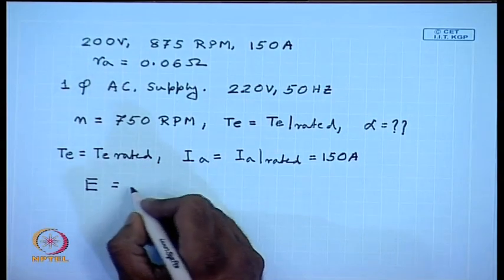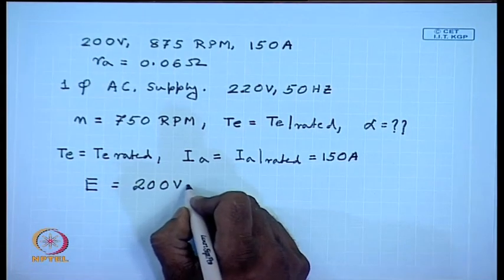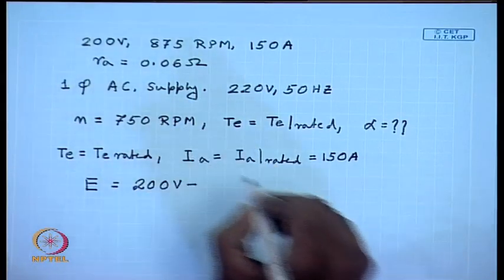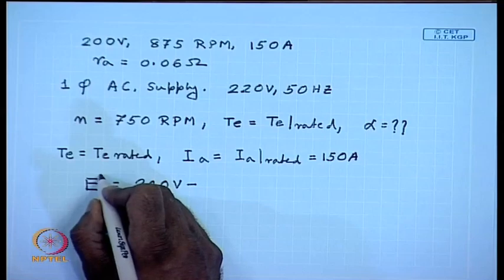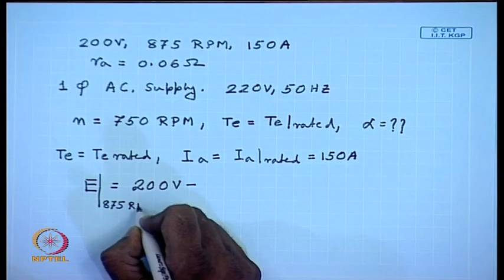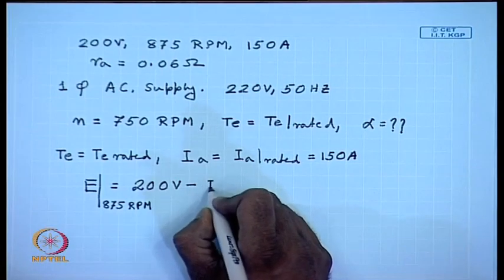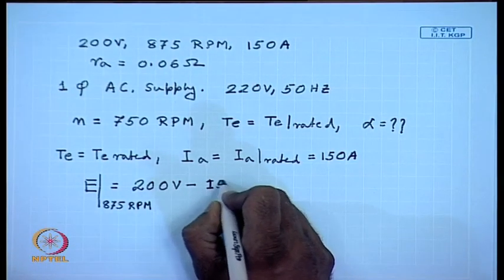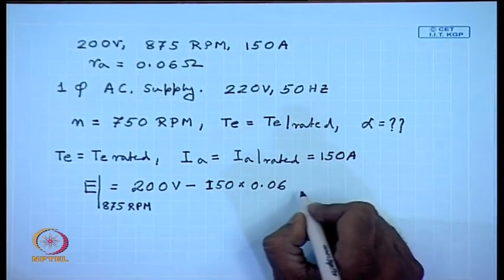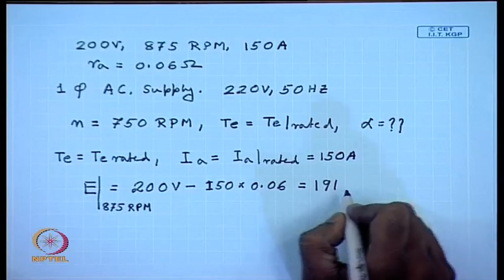E equal to rated terminal voltage, which is 200 volts, minus IA, which is 150 amperes into armature resistance 0.06 ohms, at rated speed, that is at 870 RPM, because that is when 200 volt is applied. This comes to 191 volts.